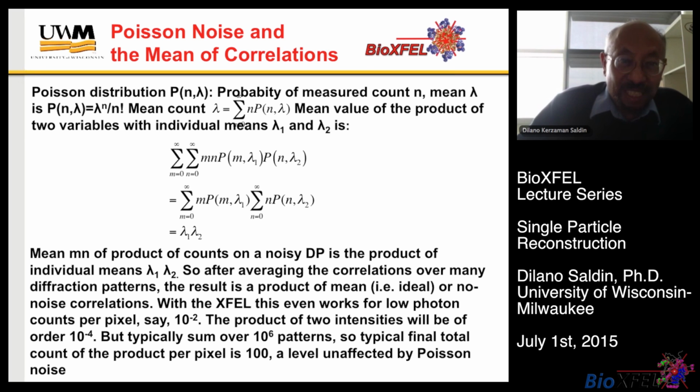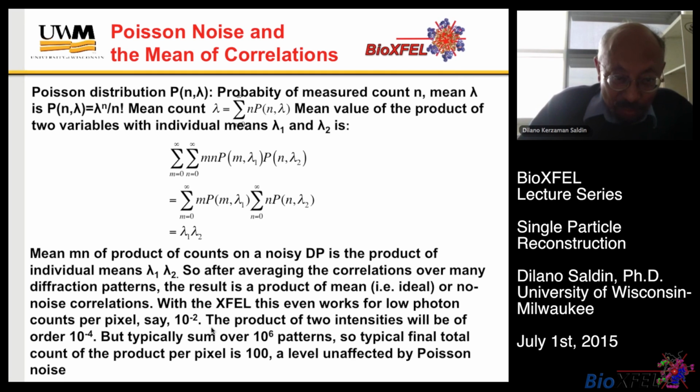So one other thing, although as I said, the M and the N typically have values of about 10 to the minus 2, you might think that a product of M and N will produce a value of 10 to the minus 4. But on the other hand, you average over 10 to the 6 patterns.